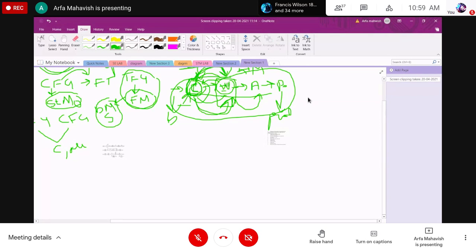If you go with withdraw, it will go to the page for the withdraw procedure. If you go with pin generation, at that same time it will go to another page for pin generation. So this input depends upon this output, and this output depends upon the next input.